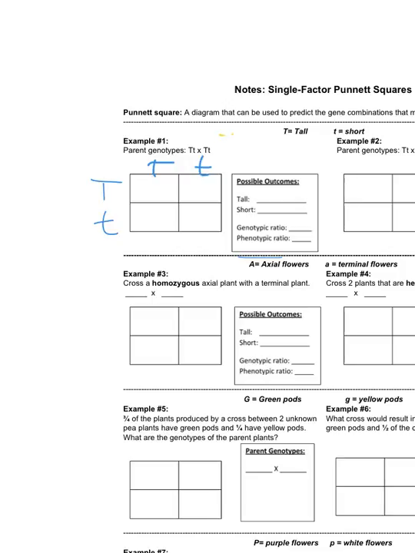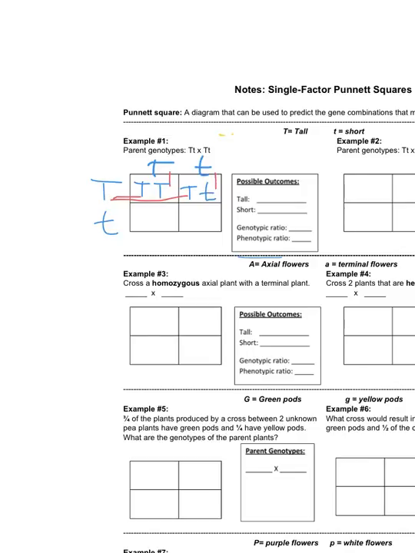Now the way that you fill this out is you pull one allele from this parent, one allele from this parent. So I'll have two capital T's inside this first square. In my next square, I'm going to have one allele from this parent again, one allele from them, so then I have one capital T, one lowercase t.